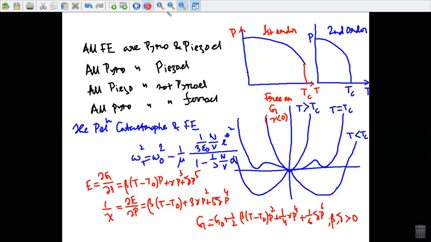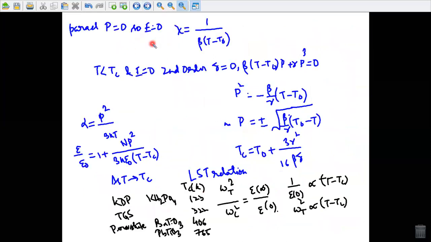Notice importantly in the paraelectric phase, where P is equal to 0, E is also 0, and chi becomes 1 upon beta times (T minus T naught). And therefore, Curie-Weiss law behavior is here.